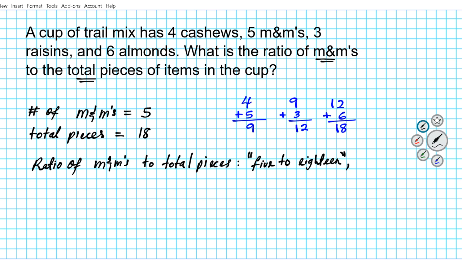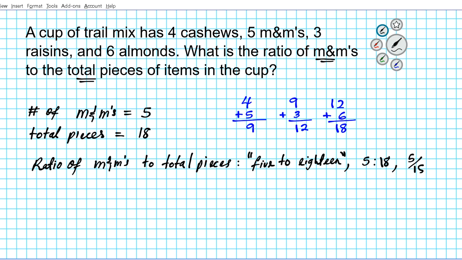And then in standard form, it's going to be the number 5 colon 18, and then in fraction form, the first number goes on top, 5, and then divided by the second number, 18. All right, so that's how you write ratios in multiple forms.